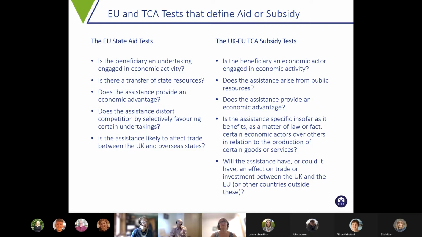What this looks at is whether something is available to every economic actor within the UK, regardless of sector or area. Although it's a bad example because it's COVID related, the furlough scheme was available to absolutely everybody. Tax breaks or tax incentives were available to all sectors across the UK, as were modern apprenticeships.